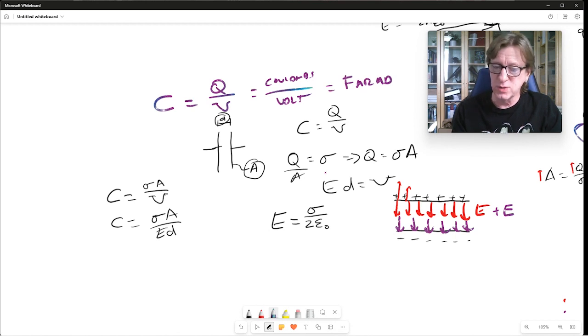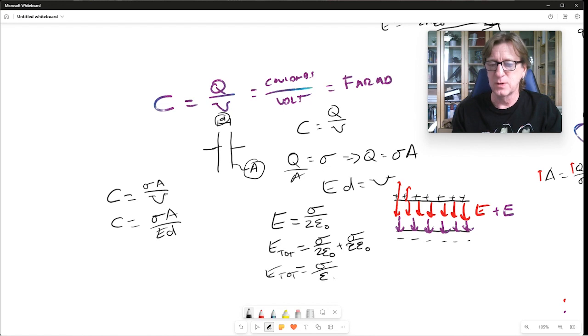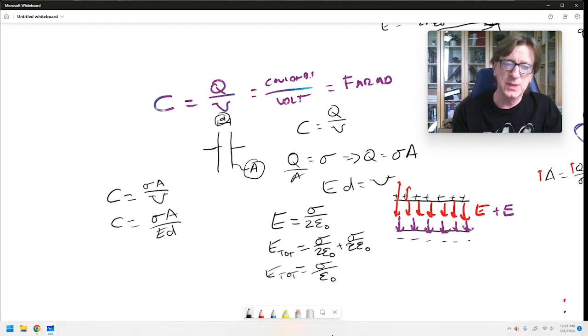So the total electric field then, which we're going to call E total, is going to be sigma over 2 epsilon naught plus sigma over 2 epsilon naught. And you should be able to see that that means that the total electric field must equal sigma over epsilon naught. So let's put that back over here, because here we're talking about the total electric field.